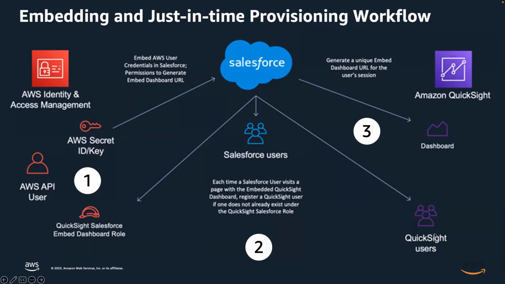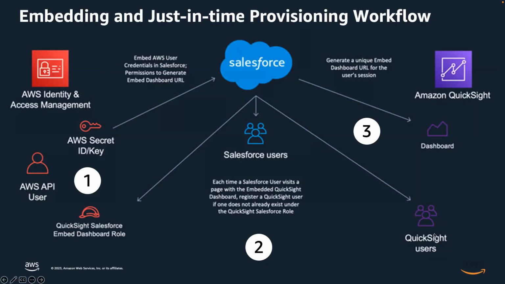So once we've created that one API user account that Salesforce uses to manage this interaction, which is to provision and register user. First, it checks to see if the user already is registered. If not, it goes ahead and registers the user in QuickSight and then generates the URL that's required.